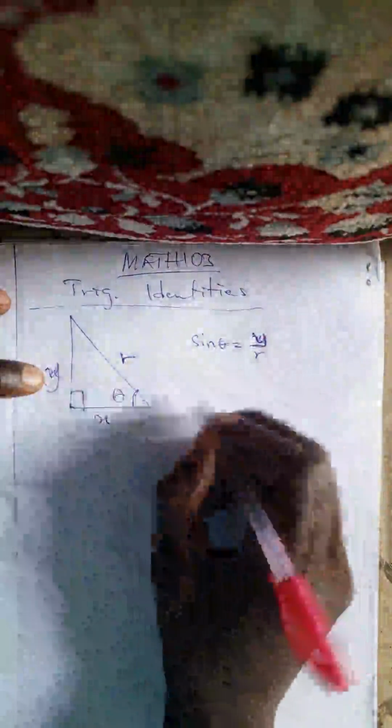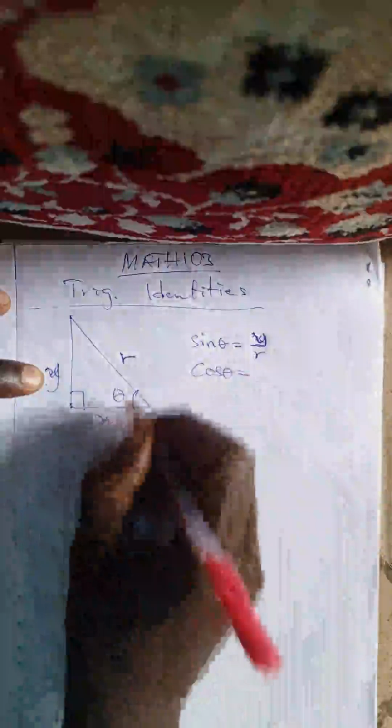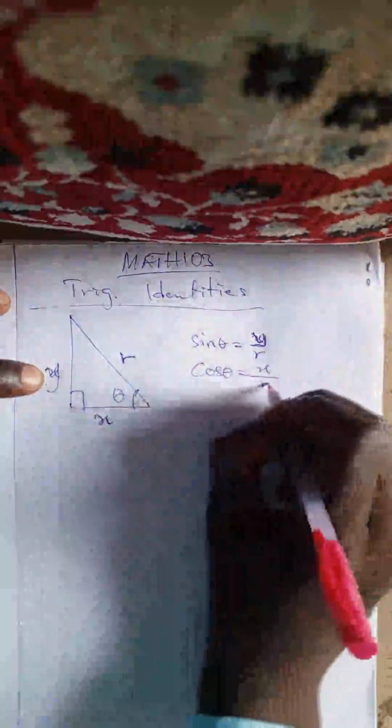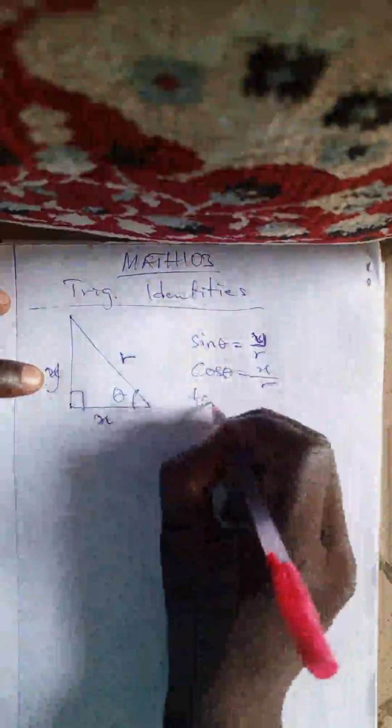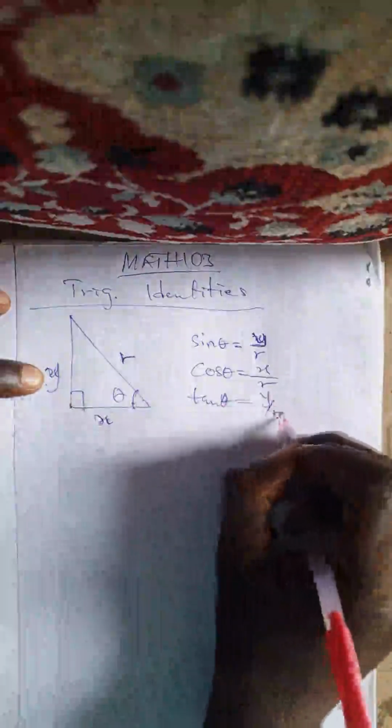And then what about the cosine? Cos theta is going to be adjacent over hypotenuse, which is x over r. What is tan? Tan theta is going to be opposite over adjacent, y over x.